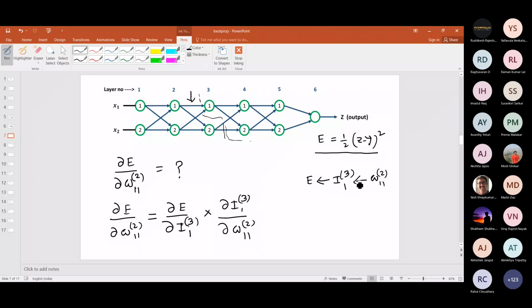If you simply look at it this way, it will be very clear, because W211 influences I31 and I31 influences E. So basically I can write it down in this way in the simplest format. Now I need to expand this a little further, but this is the very first step which I can write down. Any objection from anybody?